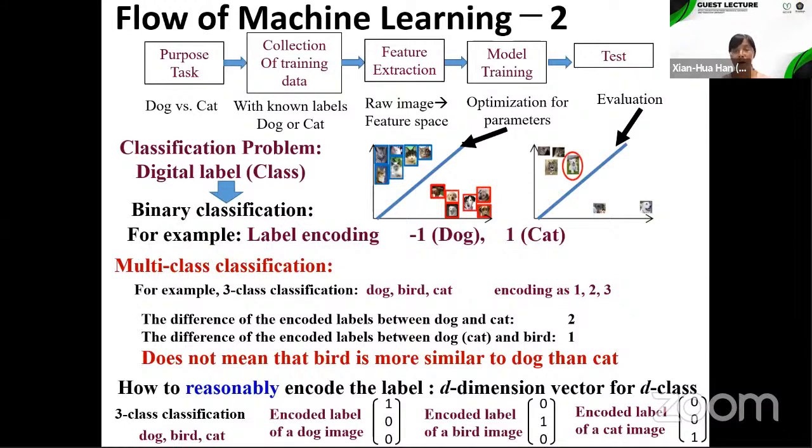So this is the final encoding. While for a bird image, we can encode the bird label into 0, 1, 0, which means the probability the image belongs to bird is 1, while belonging to other classes is 0.